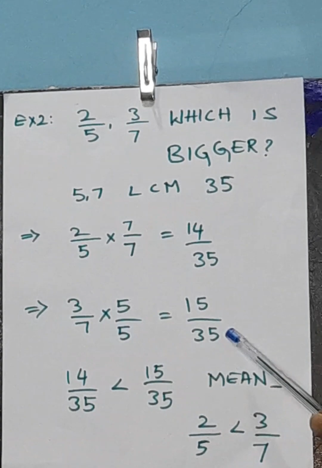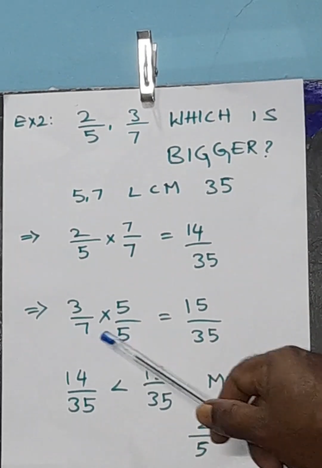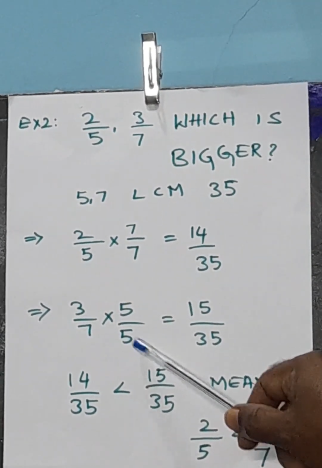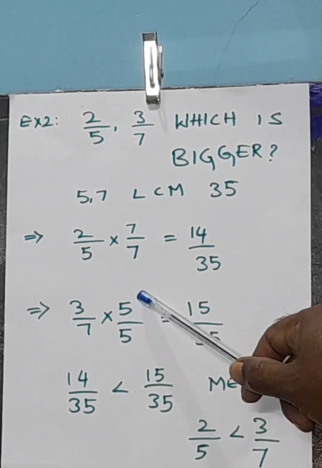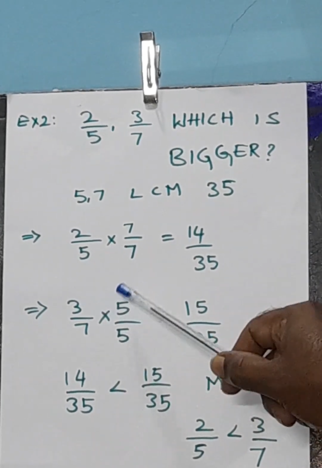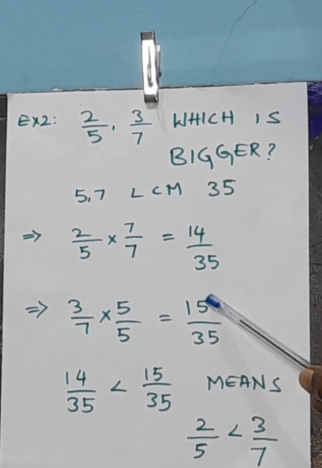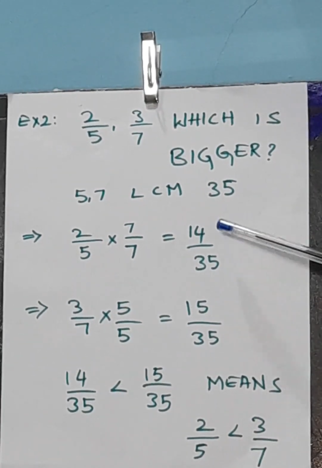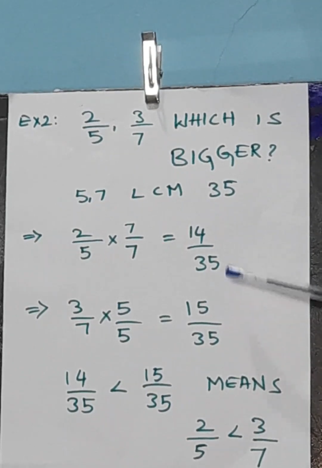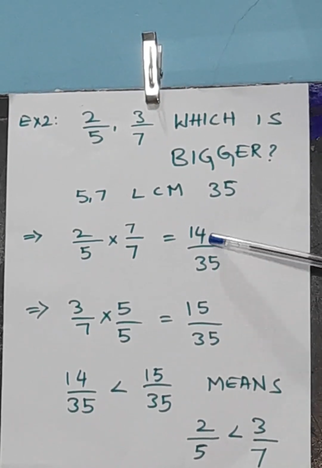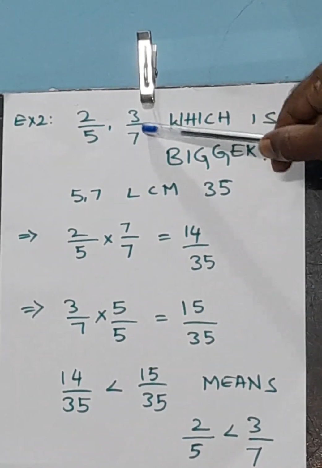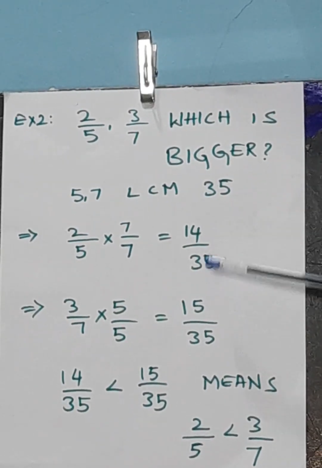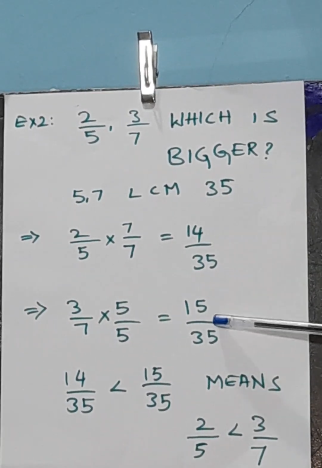To get 35 here, we need to multiply 7 with 5. At the same time, we have to multiply the numerator by 5. So 3 into 5, 15, and 7 into 5, 35. So these two fractions are like fractions. These two fractions are equal to the original two fractions.